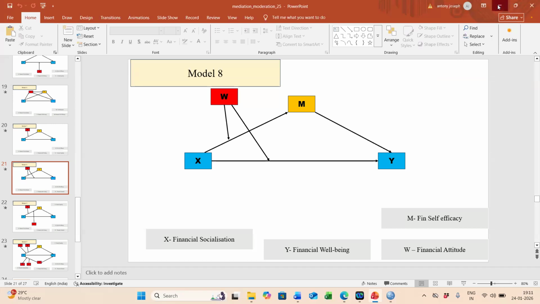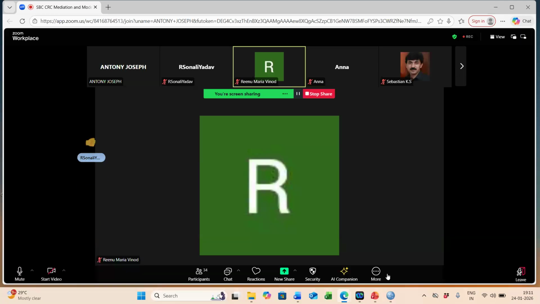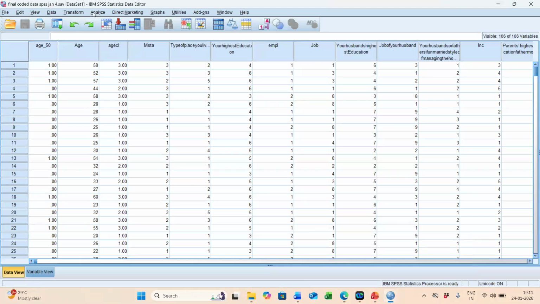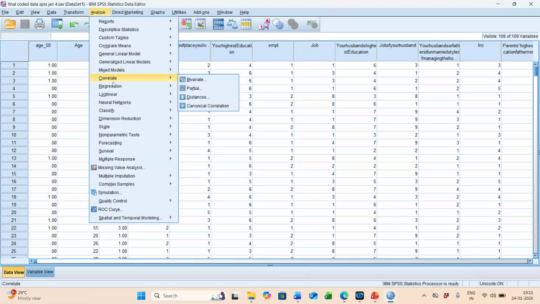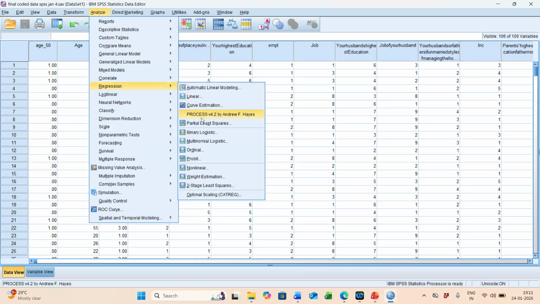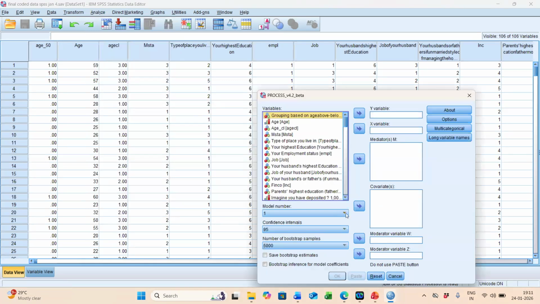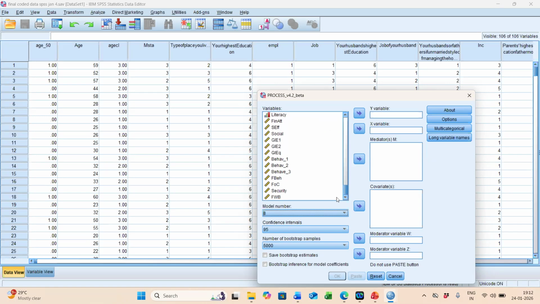So let's go to the data set. Analyze, regression, model number is 8. We have an independent variable and dependent variable.